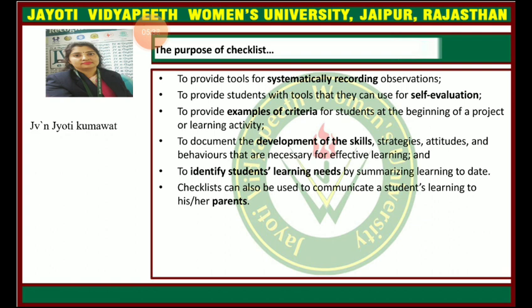To provide examples of criteria for students at the beginning of a project or learning activities. To document the development of the skills, strategies, attitudes and behavior that are necessary for effective learning. And to identify students' learning needs by summarizing learning to date.